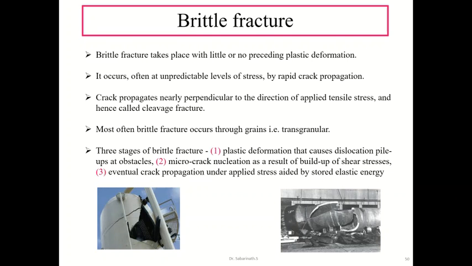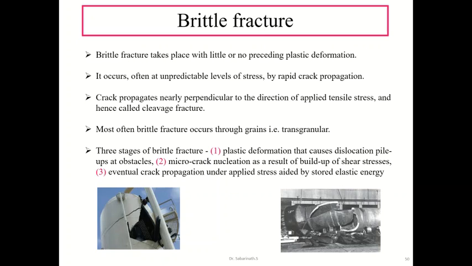So next is brittle fracture. Brittle fracture takes place with little or no preceding plastic deformation. As we discussed earlier, there will not be any warning or any signal before brittle fracture. We cannot see any plastic deformation, or we will be having a very minute plastic deformation in certain materials.